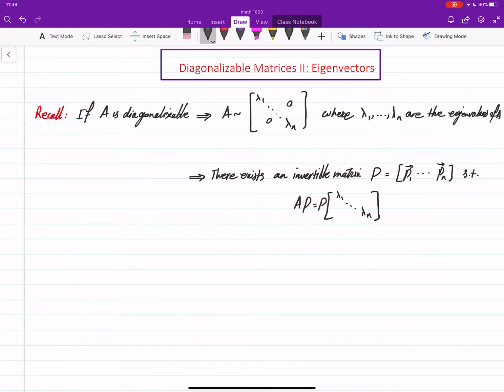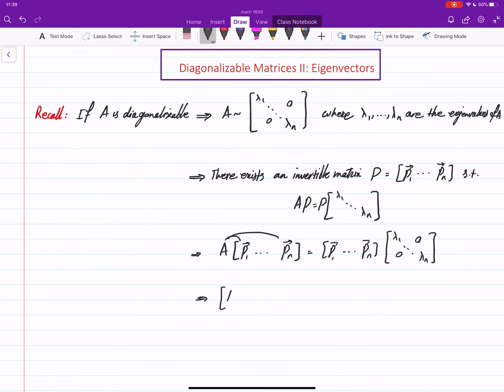Now if you write the column version of P, P1 up to Pn, and multiply it by the diagonal matrix lambda 1 up to lambda n with zeros elsewhere, then you can get each column: AP1 will give you the first column, AP2 the second, and APn the nth one.